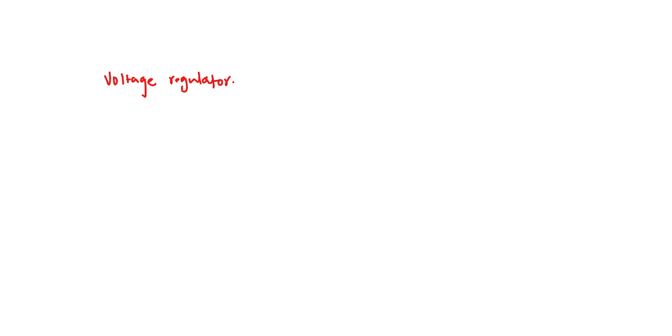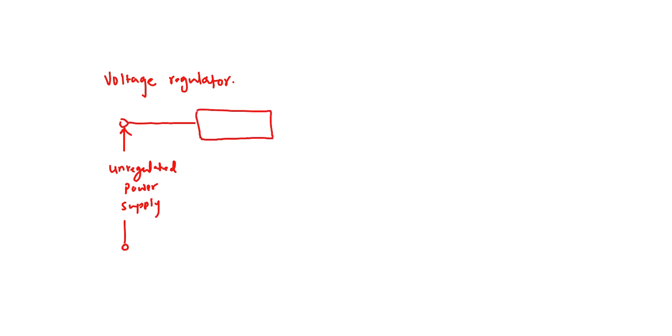So in the simplest sense, in a block diagram format, you can expect that the voltage regulator will have an unregulated power supply or unregulated voltage at the input side. And in the circuit that contains the voltage regulator, you will have a series element.